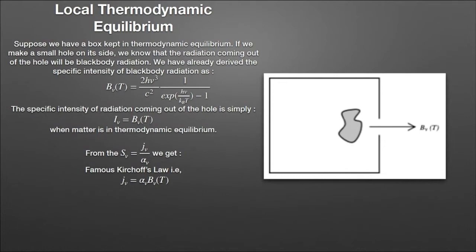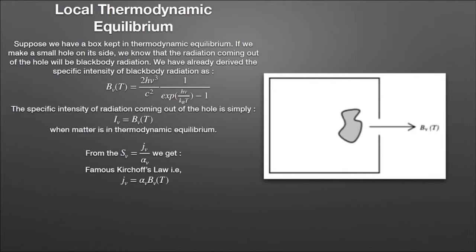So now from the previous equations we have derived two important results. Now to understand their physical significance, we will consider some thermodynamic considerations. Suppose we have a box kept in thermodynamic equilibrium and we make a small hole on its side.